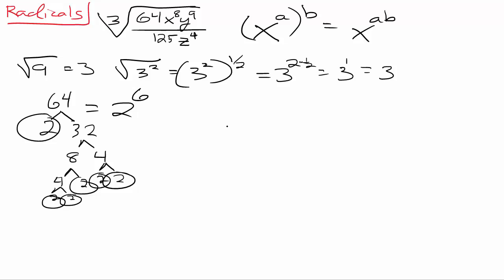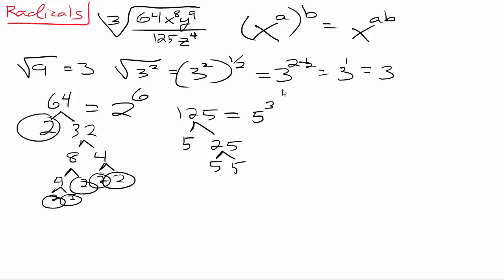2 to the 6th. And then we can do the same thing with 125. Well, 125 is obviously divisible by 5. And then you do the math and you go, oh, that's 25. And then that's, of course, 5 times 5. So 125 is 5 cubed.